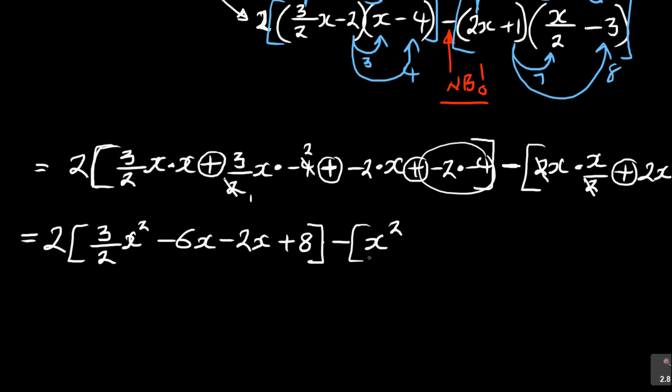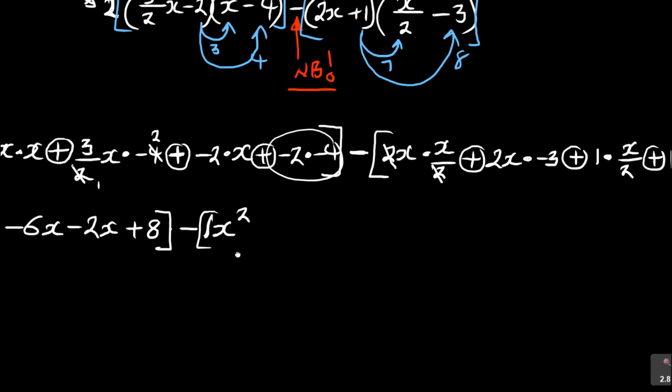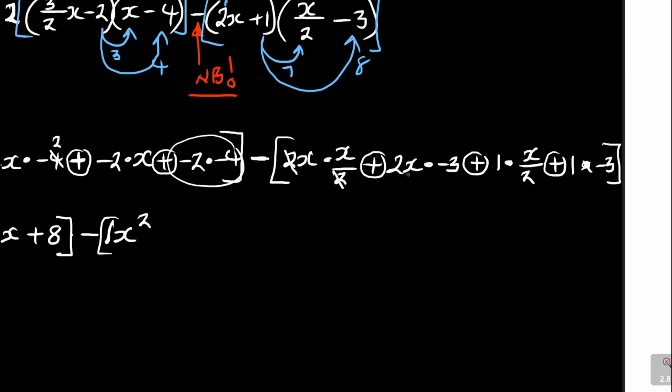Then you get a 1x. So there is like a 1 there. And then we continue to say we are now here. 2 times negative 3, which is negative 6x there. And then from there we are here 1 times x over 2. 1 doesn't change anything, so it's plus x over 2. Alright, and then 1 times minus 3, there it's simple negative 3.